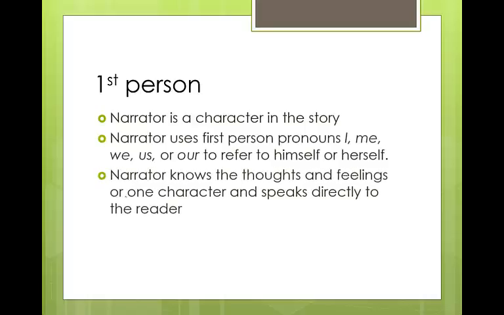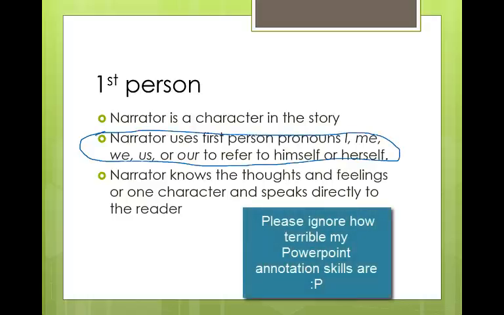Okay, you have even more information than this on the chart on the first page of the packet I gave you that has the story that you're reading for homework today, By the Waters of Babylon. The easiest thing to remember about first person is this right here, that when you're reading the story, you're going to see the words I, me, we, us, our.